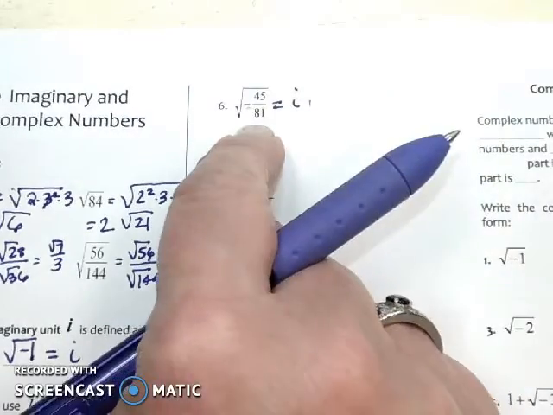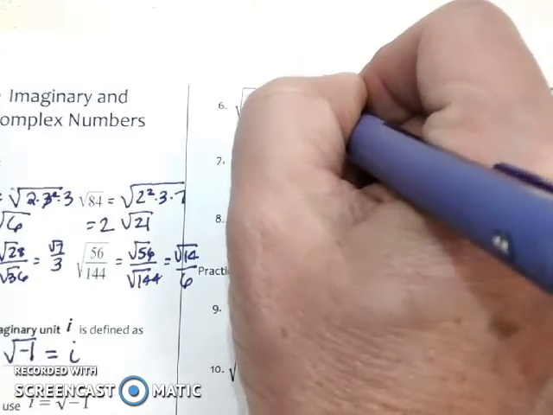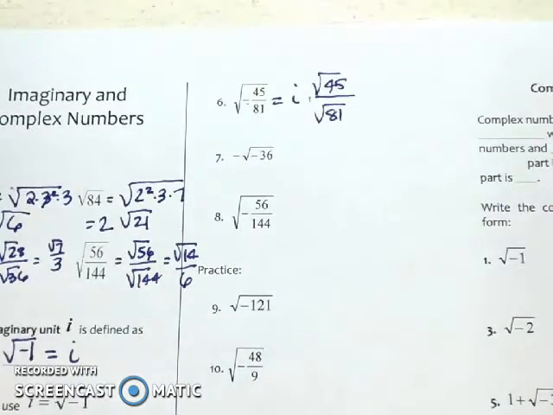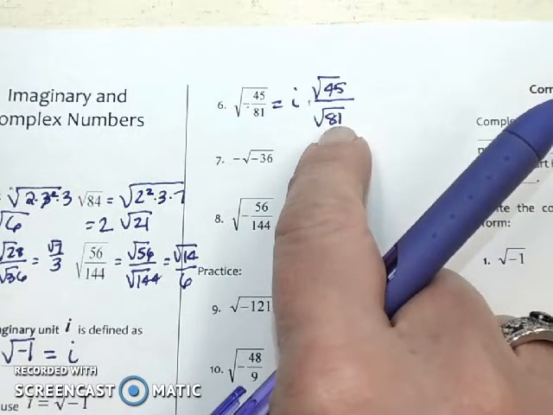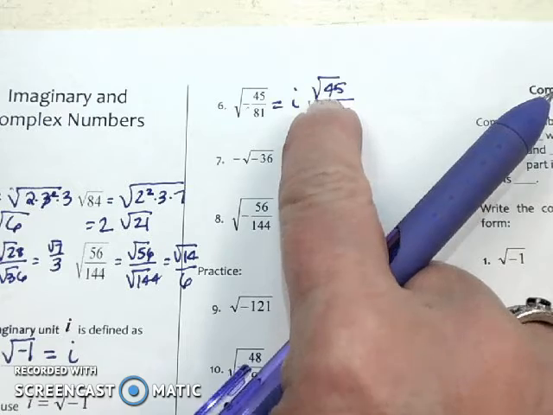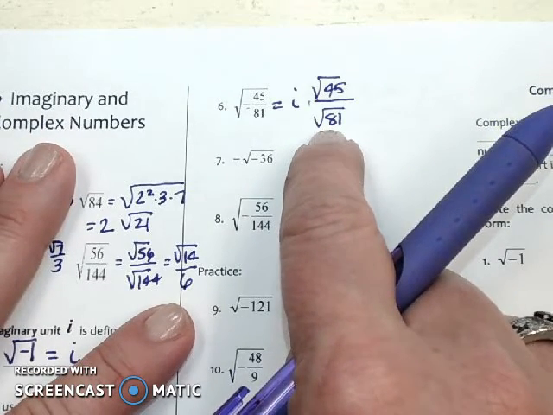And if it's a fraction, go ahead and separate it, because I really want you on this part, just because it's not too difficult, to just plug this in your calculator, the square root of 45 over the square root of 81, and let the calculator do a little bit of the work for you.